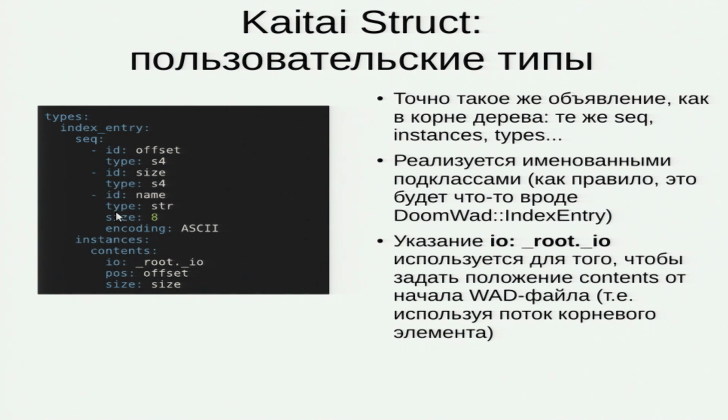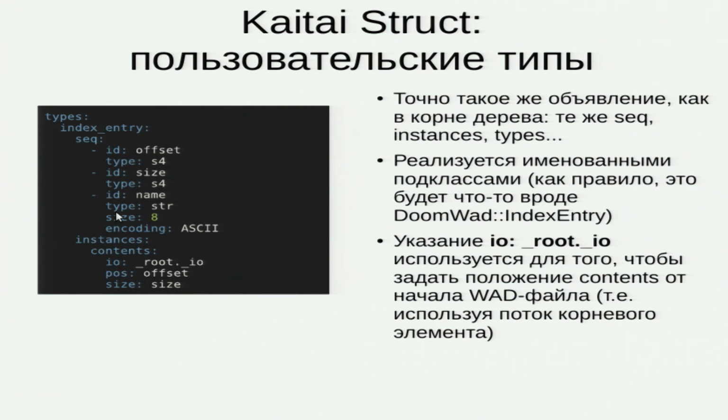It's the same declaration as in the tree root. You can use instances and types, similar things, but they are implemented as classes, and you can refer to them afterwards as a separate type.